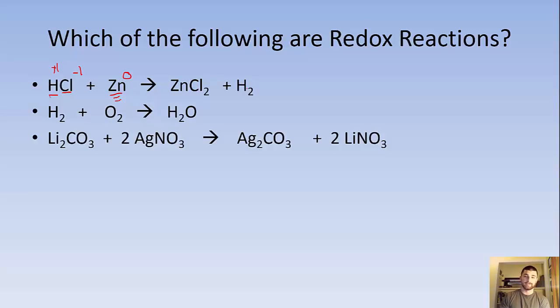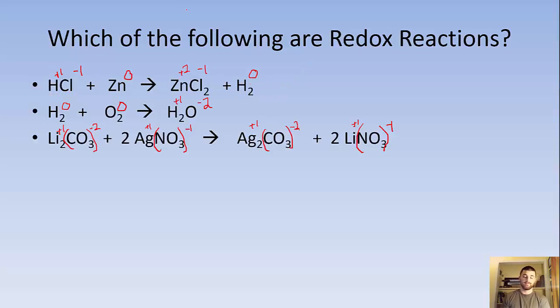I can relate, right? So I know the hydrogen over here, even though it says 2, it's just hydrogen by itself, so it's got a charge of 0. Chlorine still -1. Zinc, I look it up, it's got to be +2. So this is definitely a redox reaction because the charges change, right? H went from +1 to 0, and zinc went from 0 to +2.